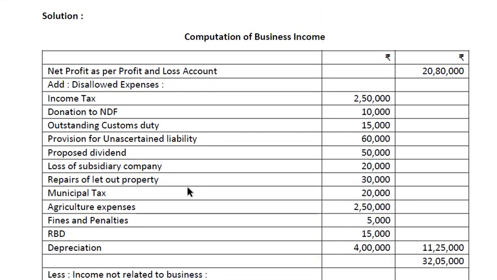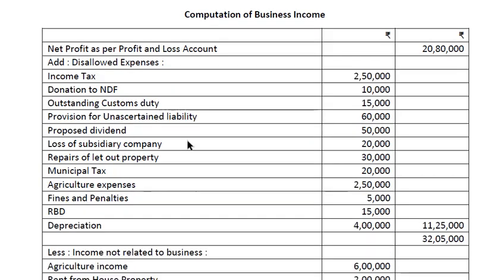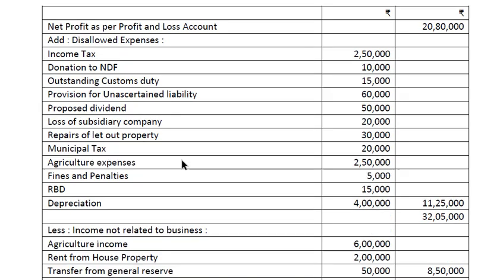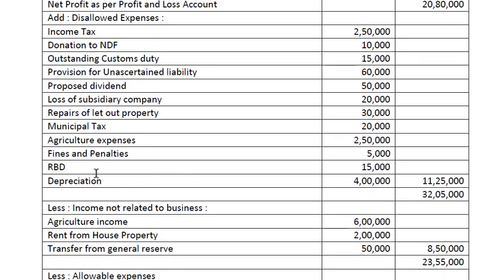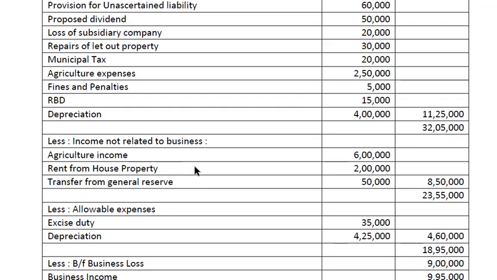So the computation of business income: net profit as per profit and loss account, add disallowed expenses: income tax, donation to NDF, outstanding customs duty, provision for unascertained liability, proposed dividend, loss of subsidiary company, repairs of let out property, municipal tax, agriculture expenses, fines and penalties which are not connected to business, reserve for bad debts, excess depreciation.